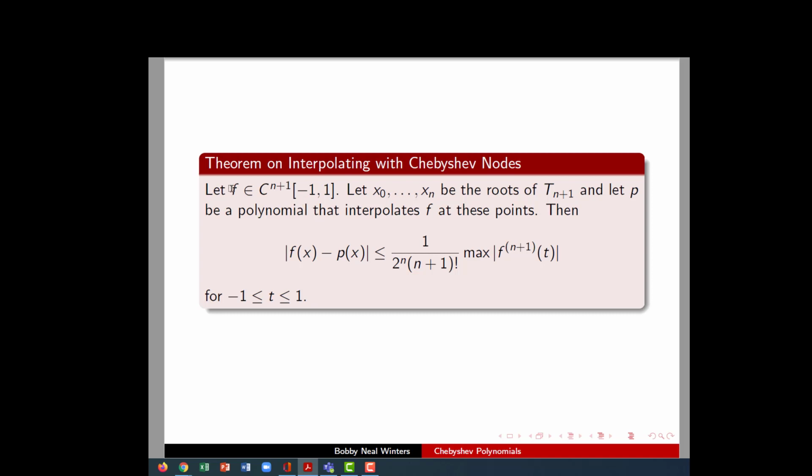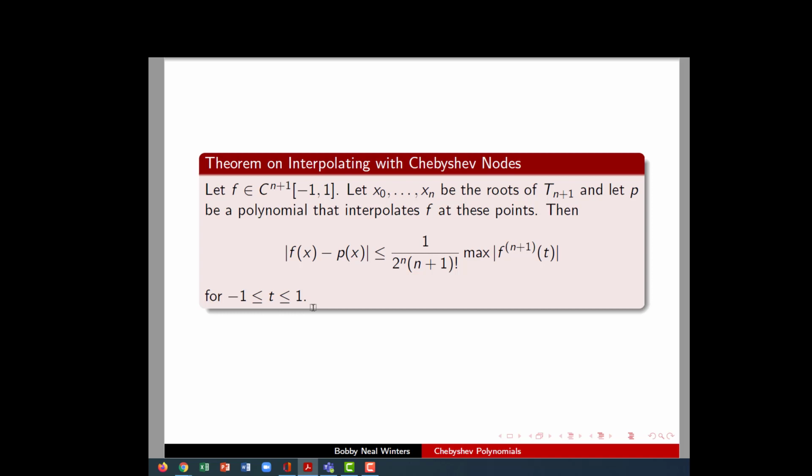Well, if f is a nice function, continuous with n plus 1 derivatives, and if x0 through xn are the roots of T n plus 1, and p is a polynomial that interpolates this function at these points, we can say that the absolute value of f of x minus p of x is no bigger than 1 over 2 to the n times (n plus 1) factorial times the maximum of the (n plus 1)th derivative of f on the interval from -1 to 1.